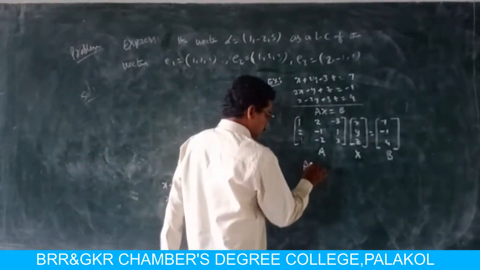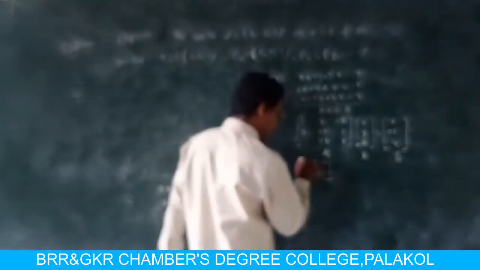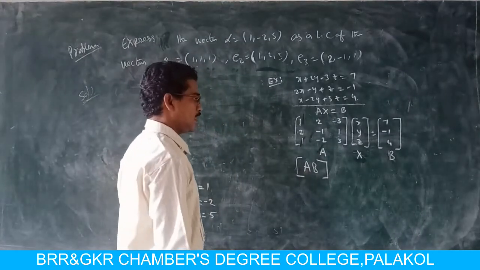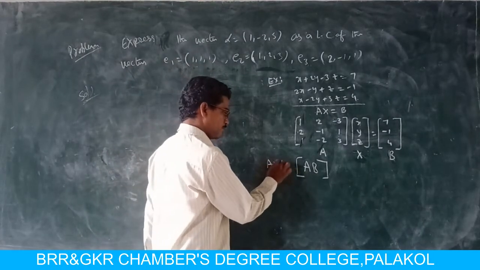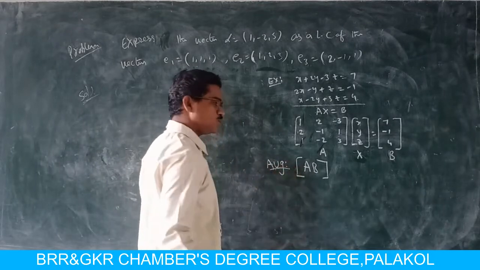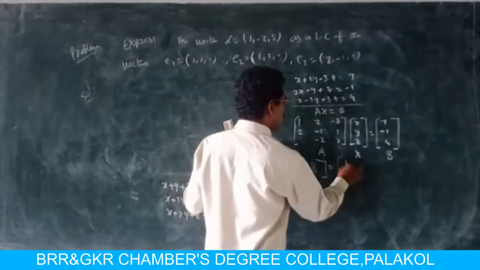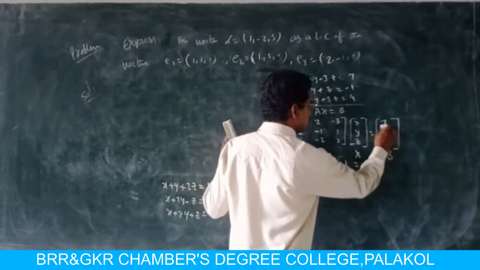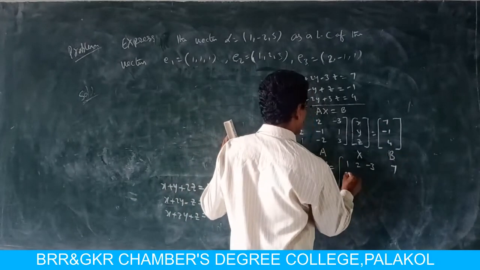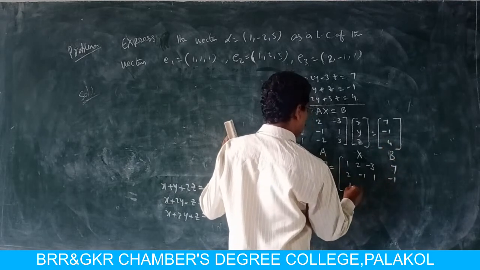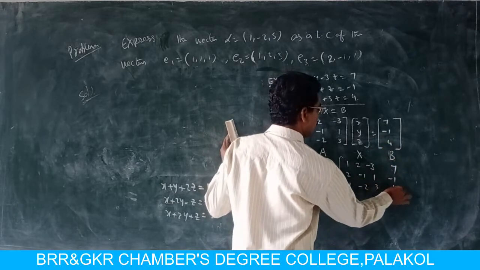Now the matrix is read as augmented AB. It is simply the augmented matrix of AB, equal to 1, 2, minus 3, the constants 7, then 2, minus 1, 1 and minus 1, then 1, minus 2, 3 and 4.